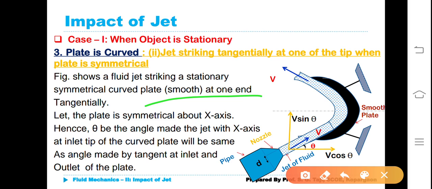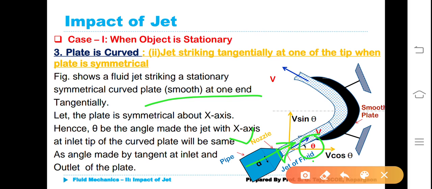Fluid jet striking the curved plate tangentially at one end with velocity v. Let us consider the bottom tip, and the plate is smooth. The plate is symmetrical about the x-axis. Hence, theta is the angle made by the jet with the x-axis at the inlet tip.